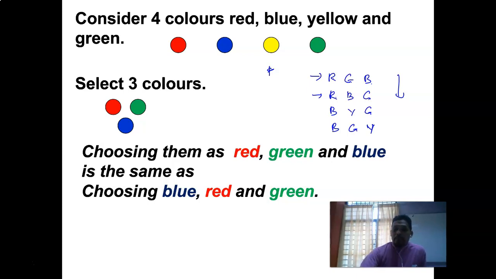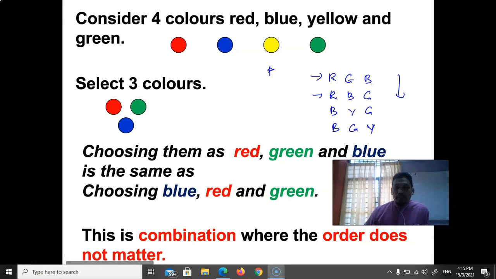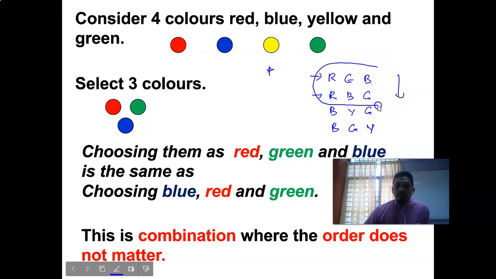So this is combination, where order does not matter. Which comes first? We are still talking about 3 colors of a ball: red, green, and blue.